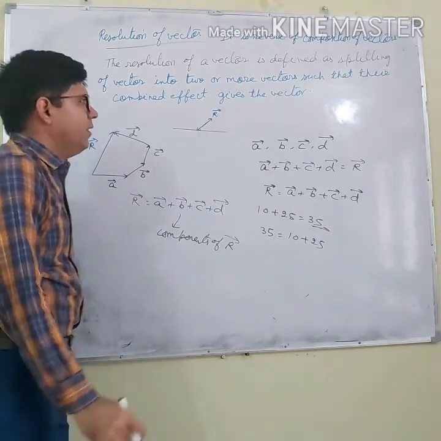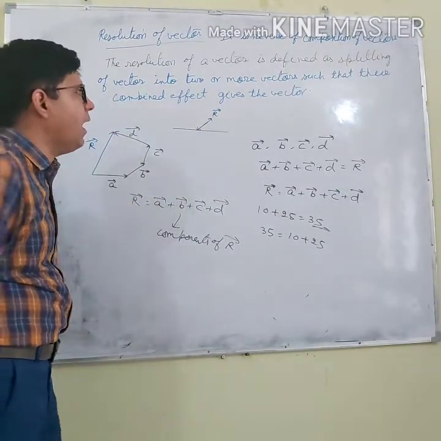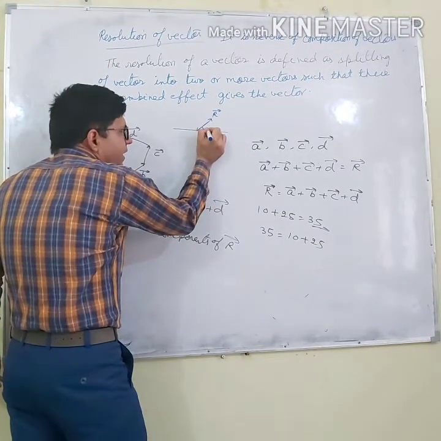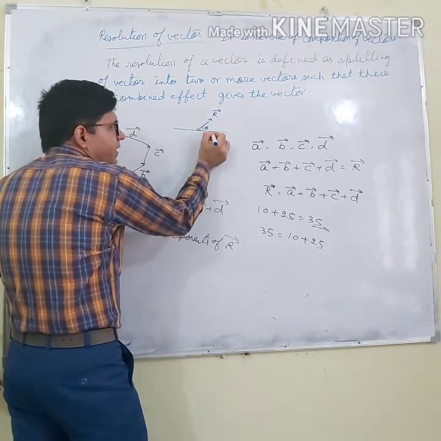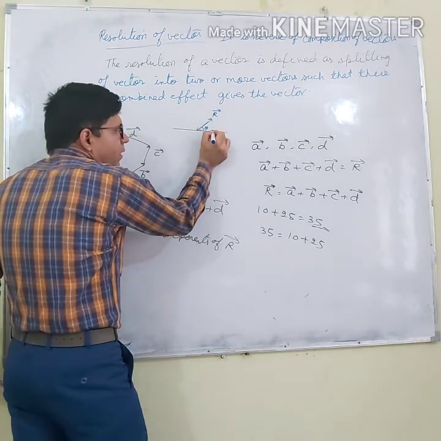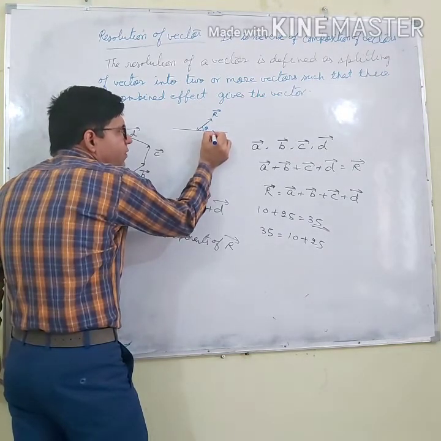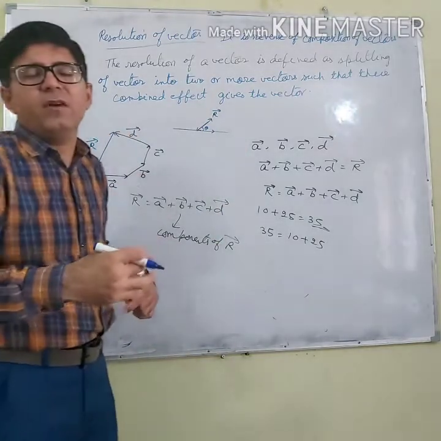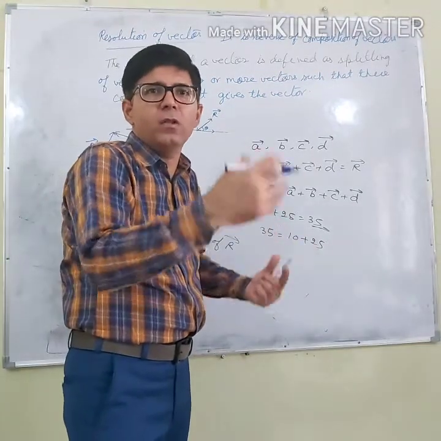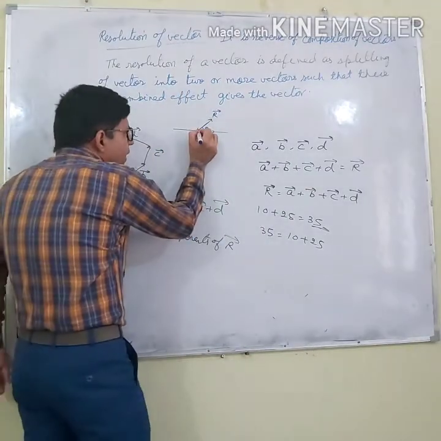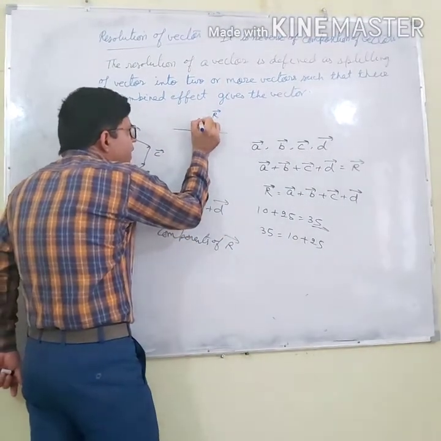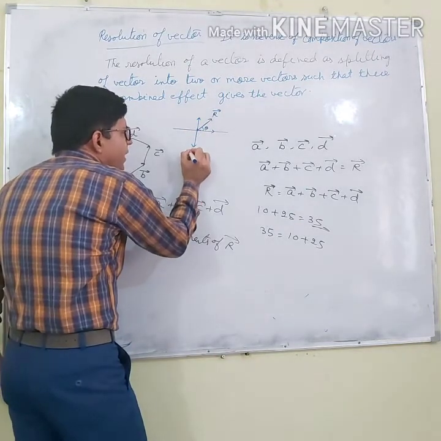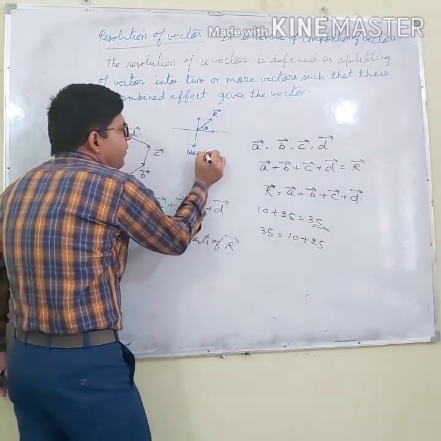Let us say that reaction is R. Now, let us say this vector is at angle theta with the ground. Then the component of this vector along this direction provides the force with which we can walk on the ground, and the component of vector R in this direction balances our weight.